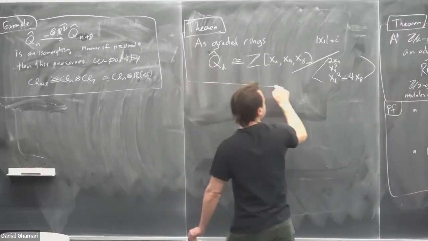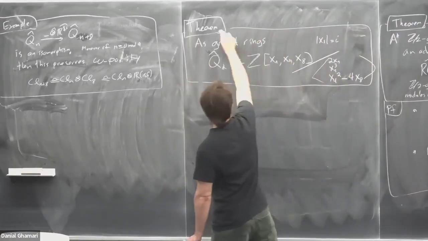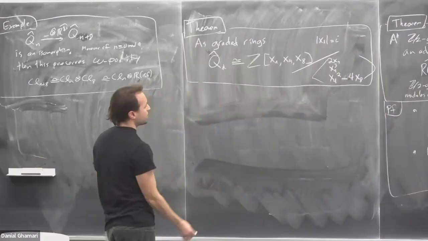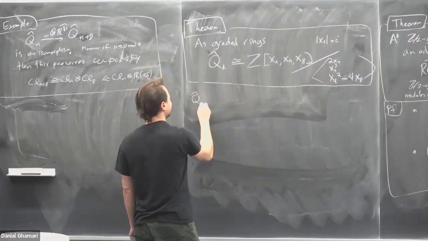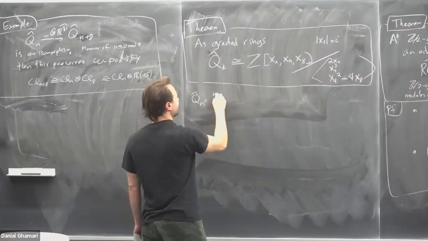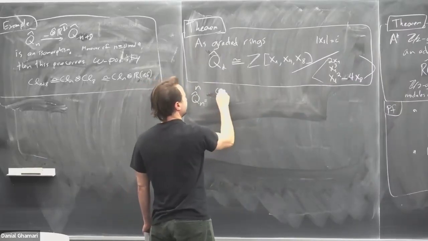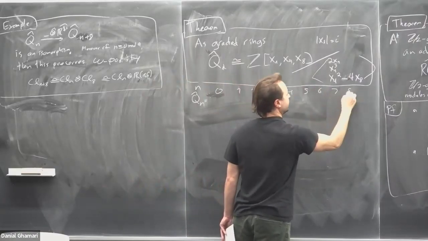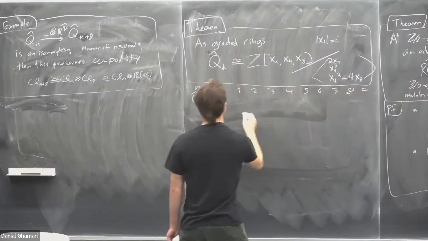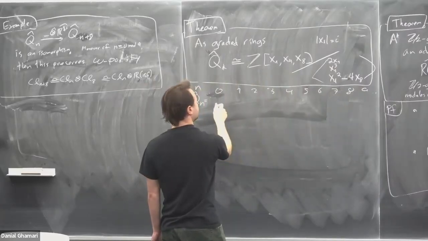In other words, you have these 3 generators. One of them is 2-torsion, its square is not zero, but its cube is zero. Just to remind everybody, let's see what this was. So n is 0, 1, 2, 3, 4, 5, 6, 7, 8, 9. What do we have in degree 0?